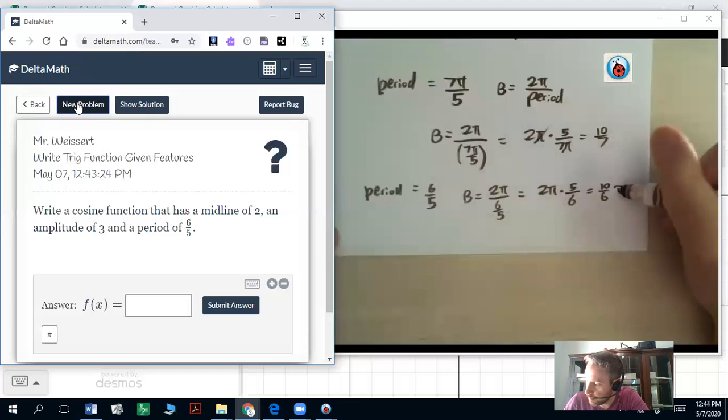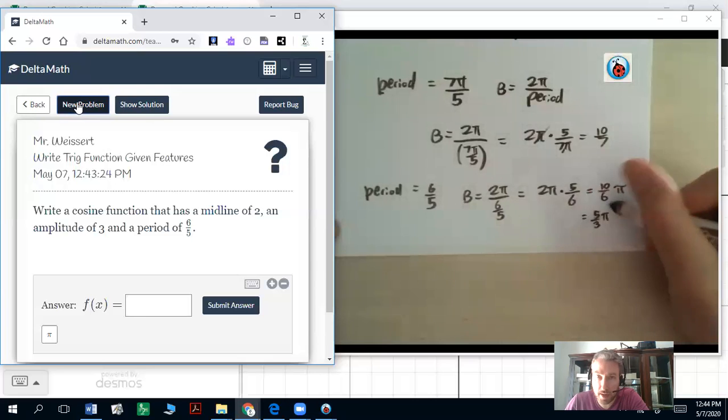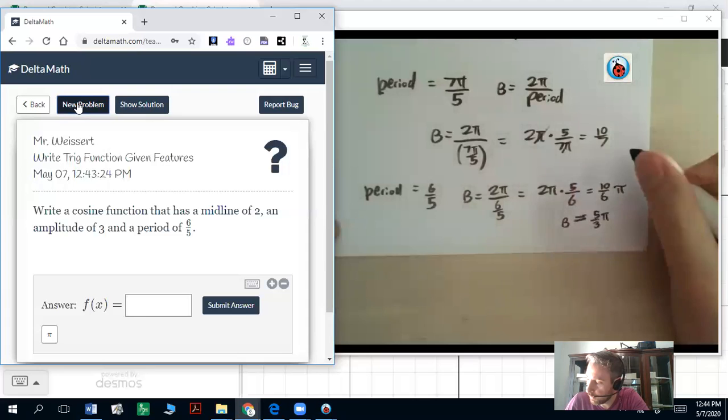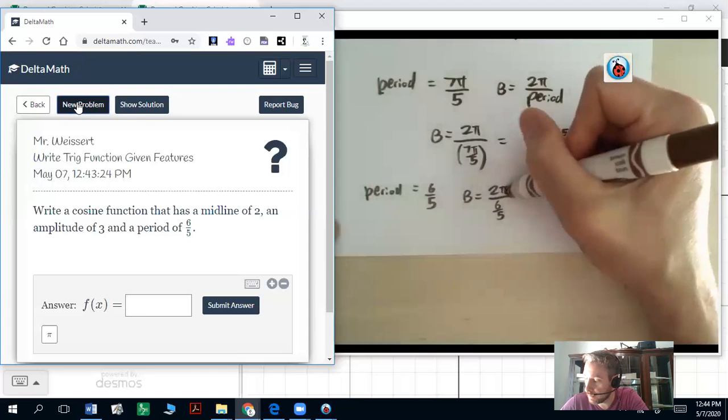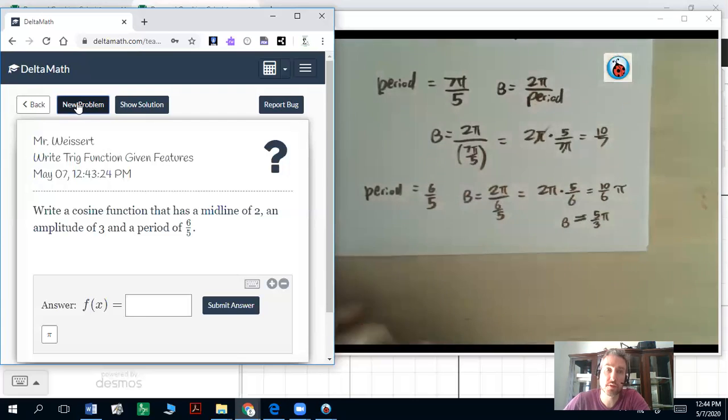Put the 6 on the bottom, put the pi next to it. You can't cancel it out, so you got to write it. 10/6 reduces to 5/3. So that's what you want to have for your b value. If you're going to use a calculator, you're going to have to leave pi out of the fractions: 2 divided by 6/5 to get the 5/3.